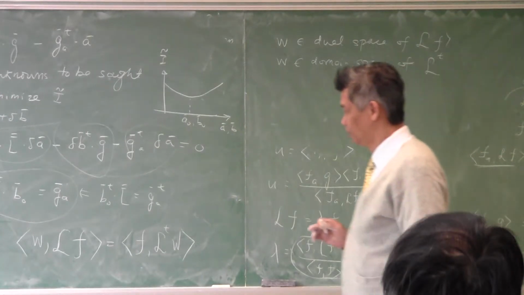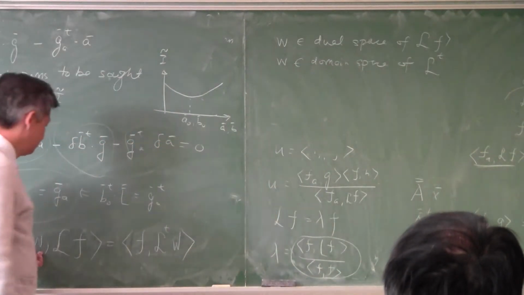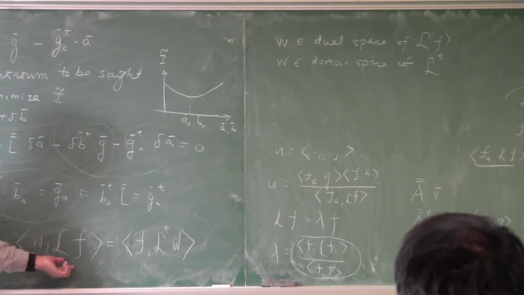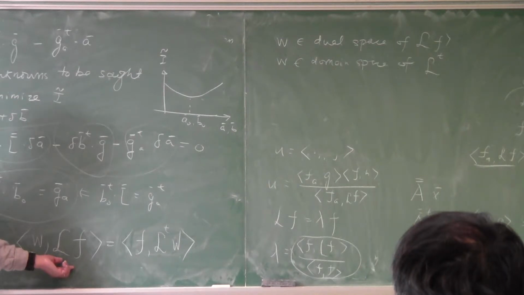Okay. So when we choose the testing function, we should always choose this testing function to be in the dual space of LF. And you see this being quoted a lot in the literature. People always say, choose your testing function to be in the dual space of LF.